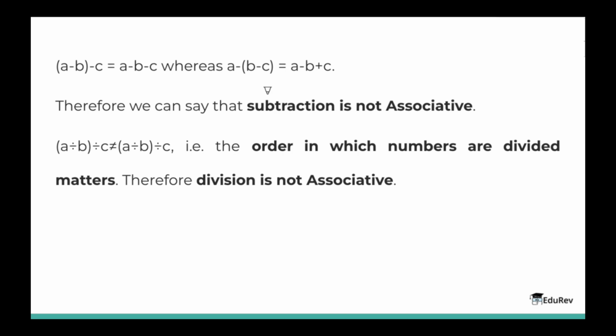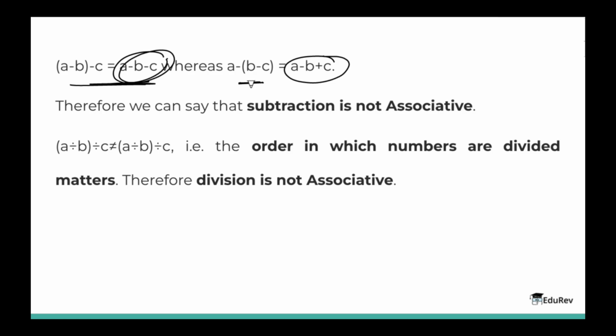They aren't, because (A minus B) minus C is nothing but A minus B minus C when I open the bracket. But A minus (B minus C) is going to be A minus B plus C. And obviously, A minus B minus C is not equal to A minus B plus C. Therefore, we can say that subtraction is not associative.